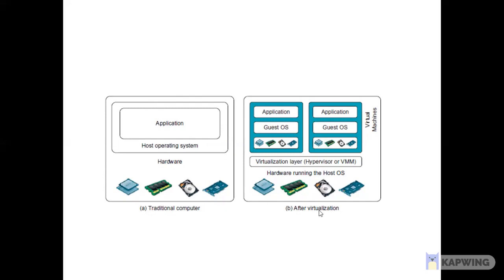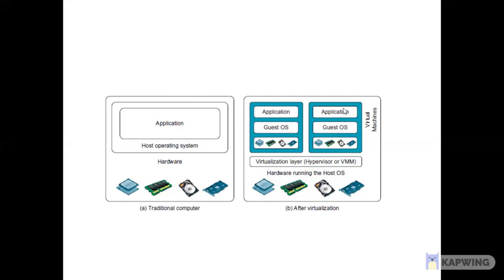Then this is after virtualization. So what are we creating? We are creating two virtual machines. Suppose you have the example of a Windows OS here, a traditional computer. Now here is a Windows computer, the host OS is Windows. Now we can create a guest OS as Mac OS and a guest OS as Linux or Ubuntu, for example.